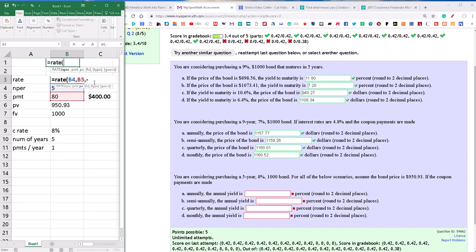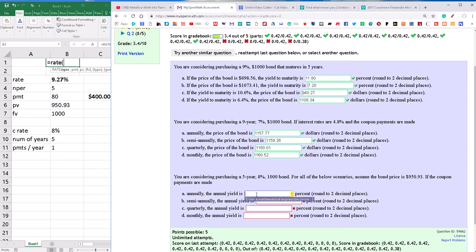Again, we got to make that negative, right? Because we're paying this price for the right to get the 5 $80 annual payments and the $1,000 payment at the end of 5 years. So we're going to make the price negative. And then the future value. And we hit enter, and we get 9.27%. And because the word percent is here, all we have to do is type 9.27.